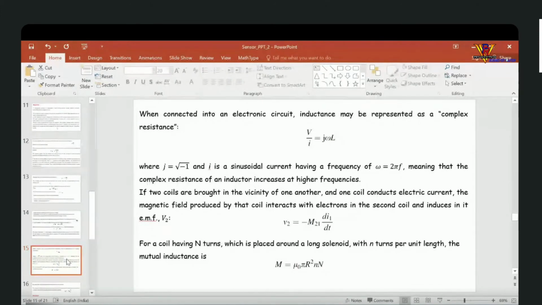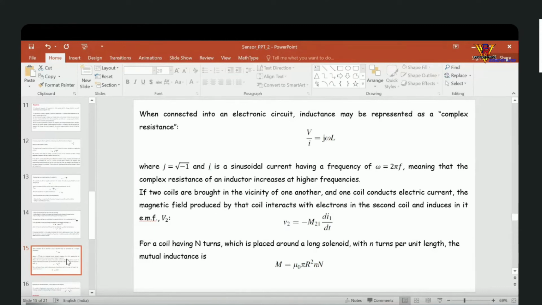Now, if we have two coils, as I said, one coil in which some electric field is applied, but another coil that lies in the vicinity of the first, no field is applied. So what will happen? Coil one carries current, so a magnetic field is induced. It produces some magnetic field, and that magnetic field links with the second coil, means it penetrates the second coil.